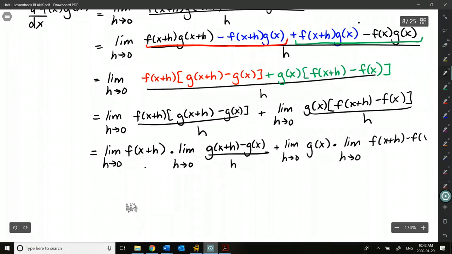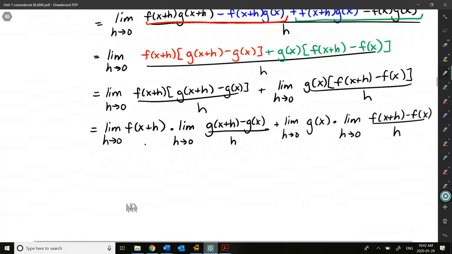Okay, so this is a property of limits, that the limit as we approach individual added terms can be separated out into their own limits, or even multiples can be separated out into their own limits.